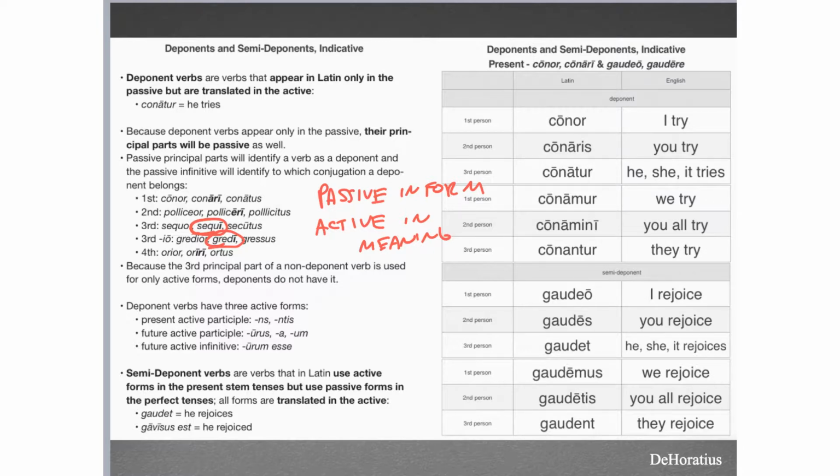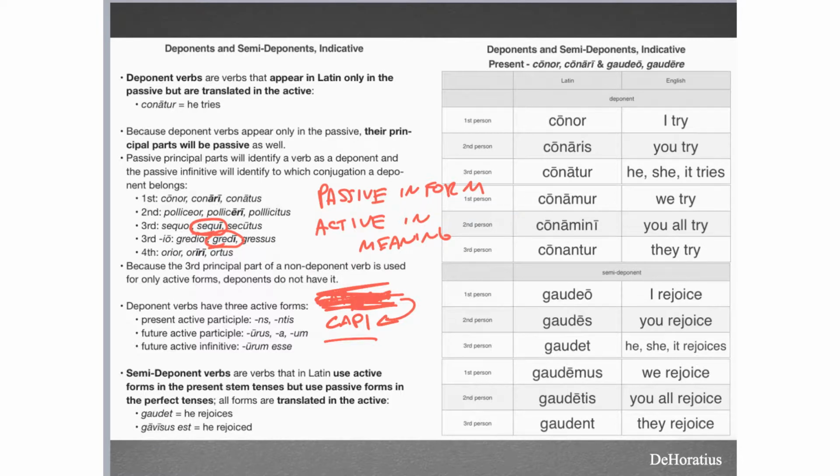Again, remember, if we look at an active verb, a non-deponent verb, something like capio, capere. Capere is its active infinitive. Capi is its passive infinitive because the whole ERE changes to an I. And the idea, of course, is that with a deponent, you don't have that active. You just have the passive. But for third and third IO, you're going to have just that I ending for the infinitive ending. So that is just something to get used to.